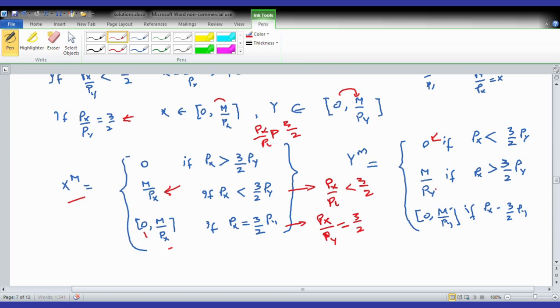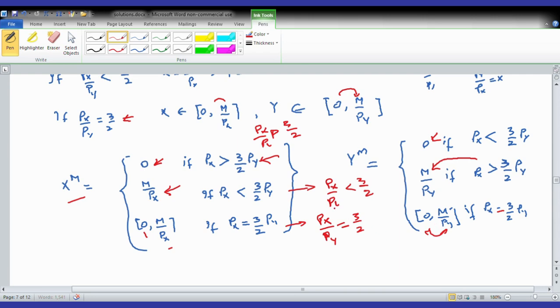If px is greater than 3 over 2 py, consumption of x is equal to 0, and in that case you are spending all of your income on consumption of good y. So y is equal to m over py, and if they are equal, then consumption of good y could be anything between 0 and m over py.